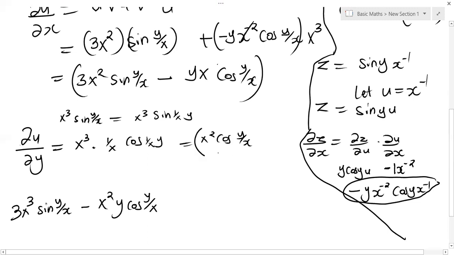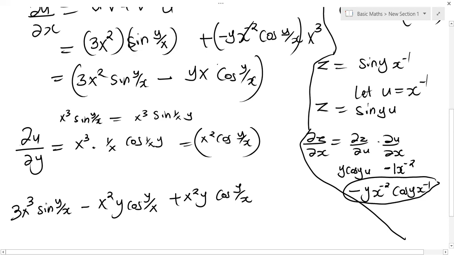Multiplying this with y, we have plus x squared y cos of y over x. And we are supposed to show that this is equal to 3u.